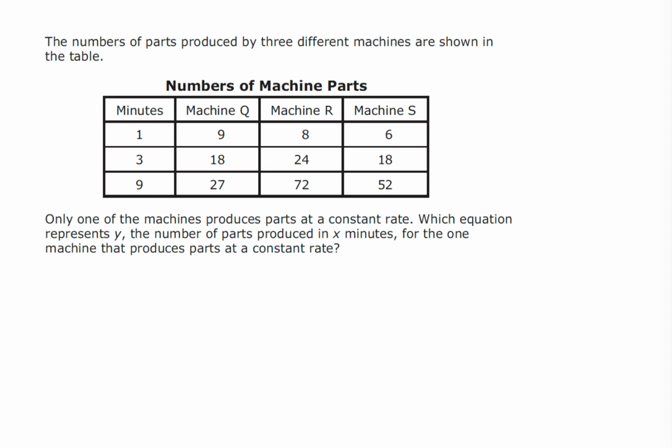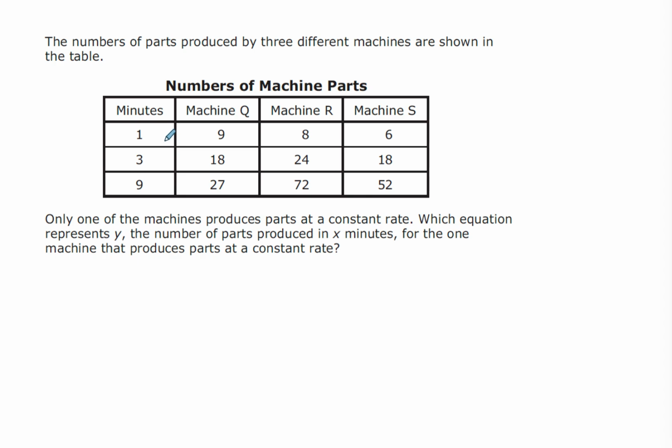All right, let's take a look at our next problem here. It says the numbers of parts produced by 3 different machines are shown in the table. Only one of the machines produces parts at a constant rate. Which equation represents y, the number of parts produced in x minutes, for the one machine that produces parts at a constant rate?